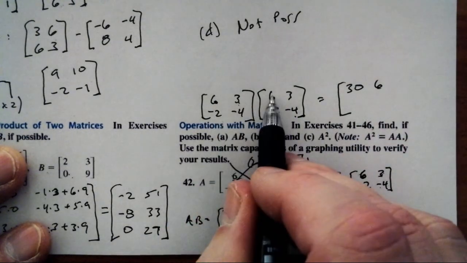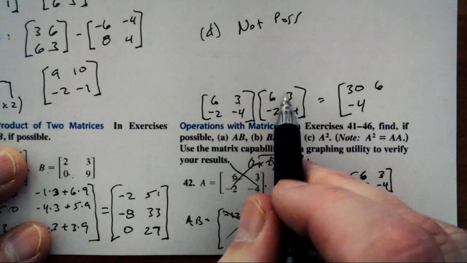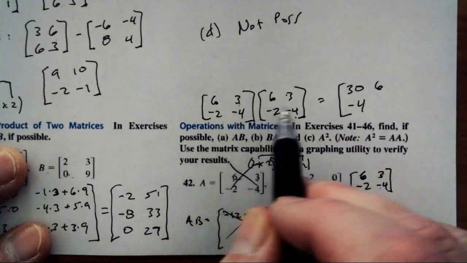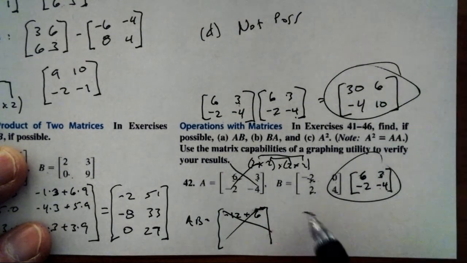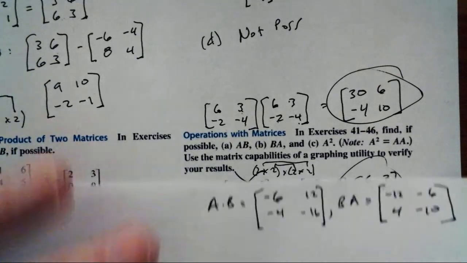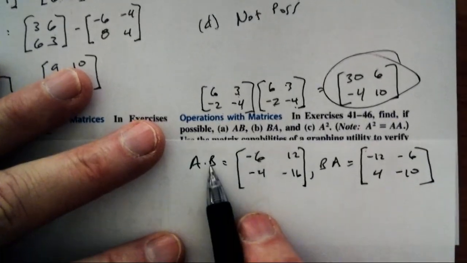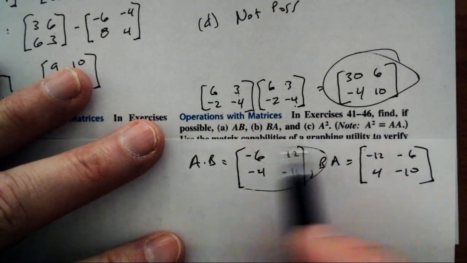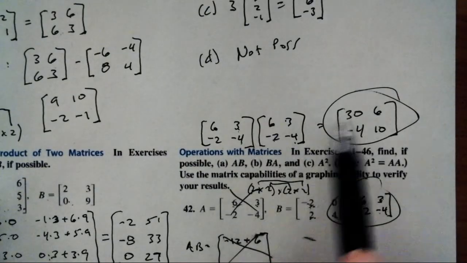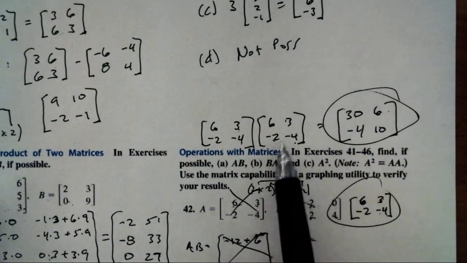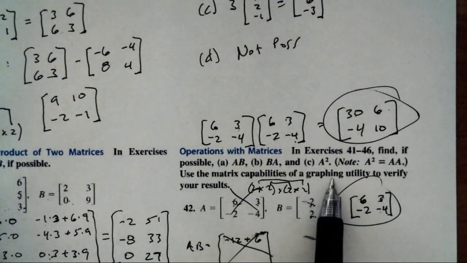Row 2, column 1, negative 12 plus 8, negative 4, and negative 6 plus 16, 10. And definitely worth noting that these answers are not the same when we compare AB and BA. That's what I really wanted to point out. And again, this is certainly not 36, 9, 4, 16 when we square.